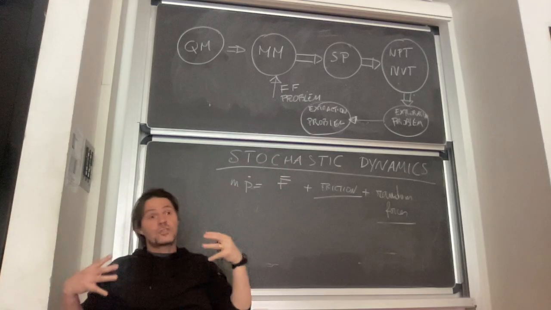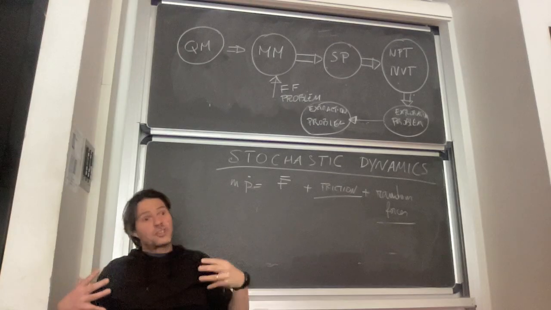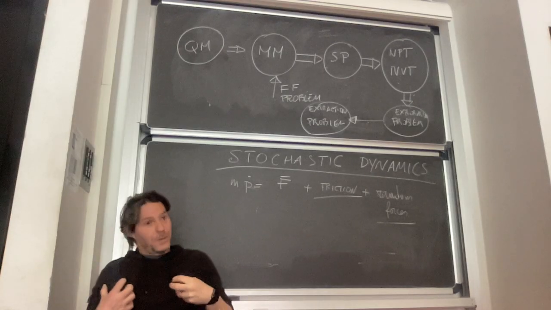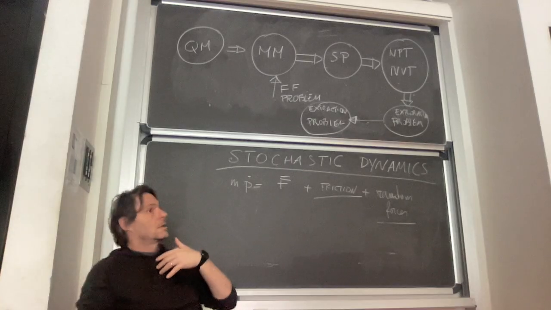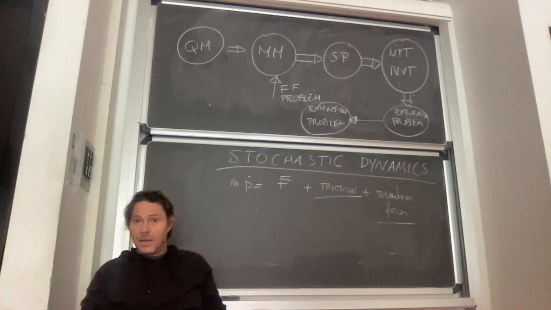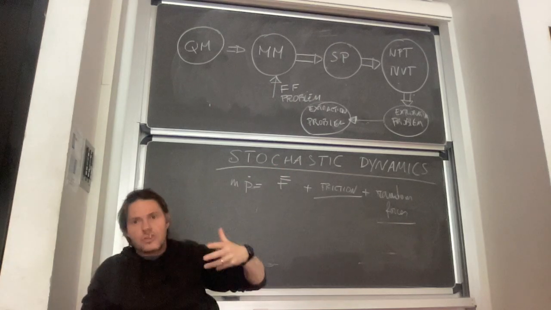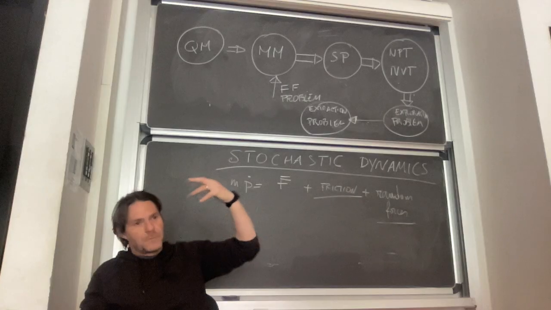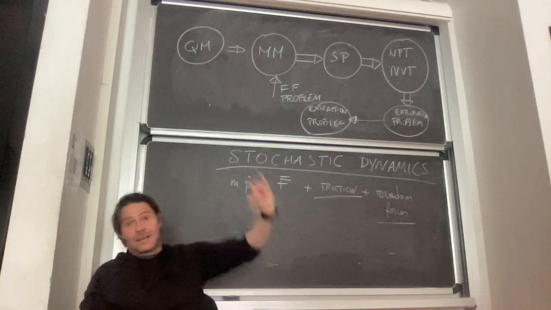Stochastic dynamics naturally leads to strategies to condense the information, which are difficult to imagine directly from Hamiltonian dynamics. Okay? So the extraction problem will be more naturally formulated, and there will be more tools that naturally emerge if you apply the stochastic dynamics.